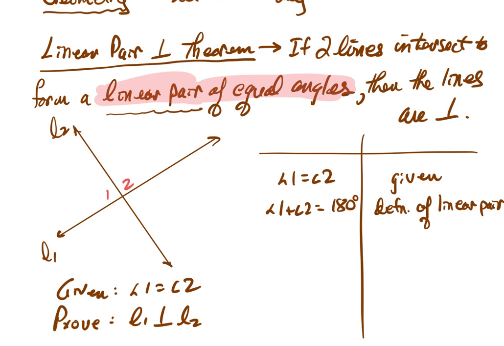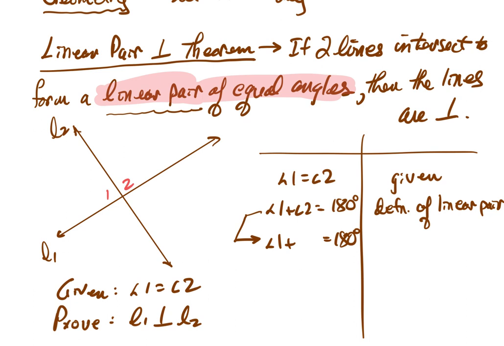Okay? Now, since angle 1 and angle 2 are equal, anywhere I see one of them, I can replace it with the other. So what I'm going to choose to do is take the second statement, angle 1 plus angle 2 equals 180 degrees, and I'm going to replace one of the angles with what it's equal to. So as an example, I'll leave the angle 1 where it's at.